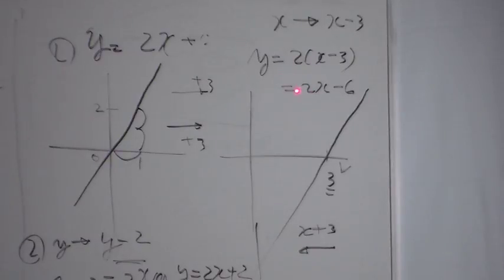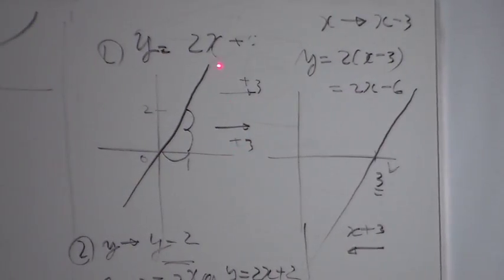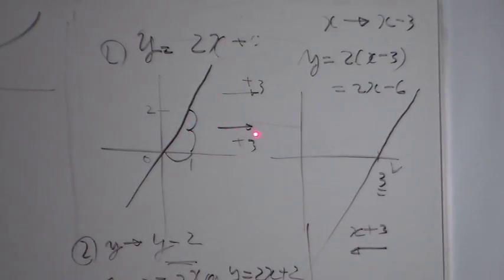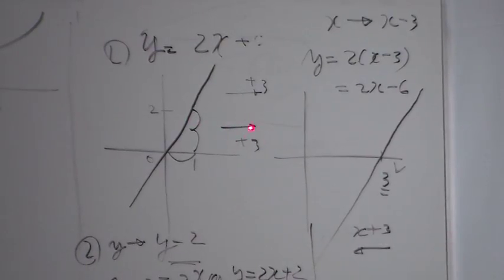So this is the same as 2x minus 6, right? That means the original graph is 2x. Make sure you move to your right 3 steps. That's the meaning of this. X is replaced by x minus 3, which means move the graph 3 to the right. You are not sure about this one?